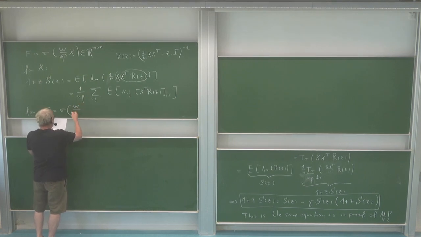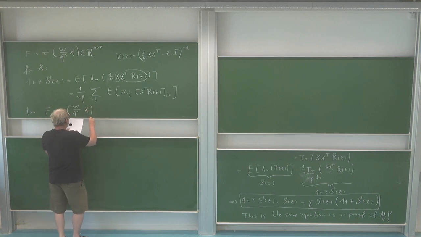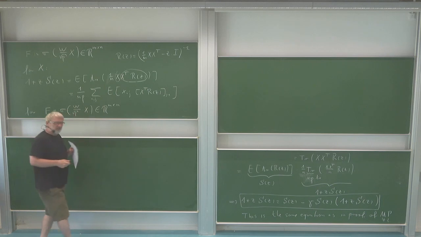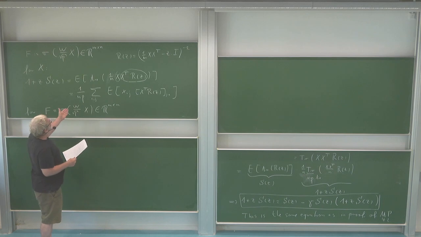We take this W, we have to normalize it by the square root of P times X, which is an M times N matrix. So this is N times P, this is M times P, and then it is of this nature. And now of course we look at the resolvent of this.